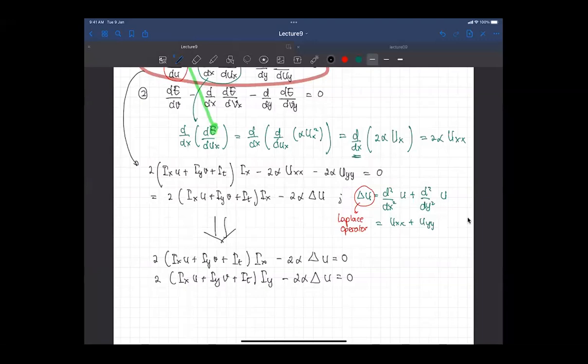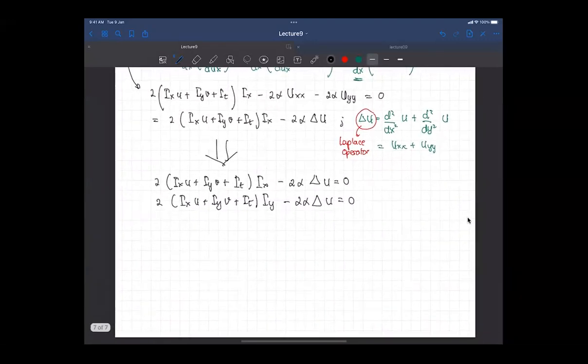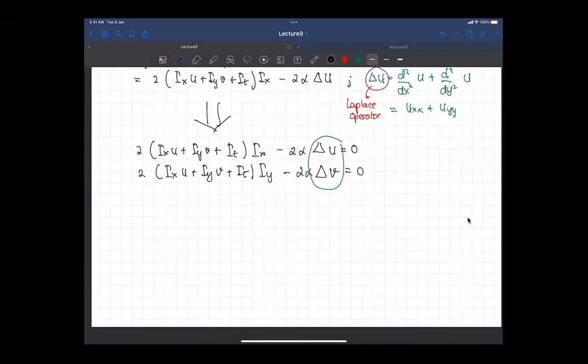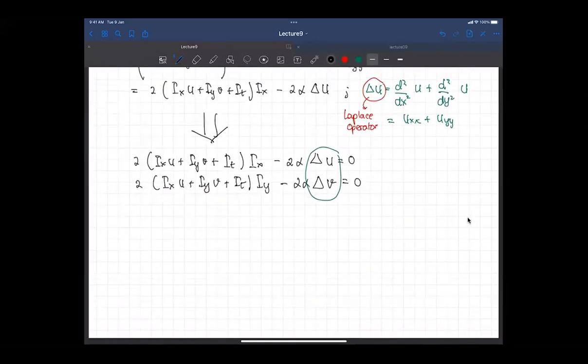Okay, so now, before we get into the optimization part, let's look at this definition of the Laplace operator. Let's look at delta u.